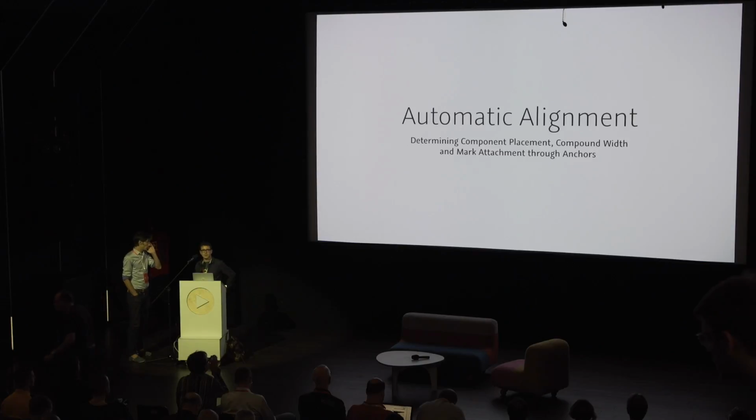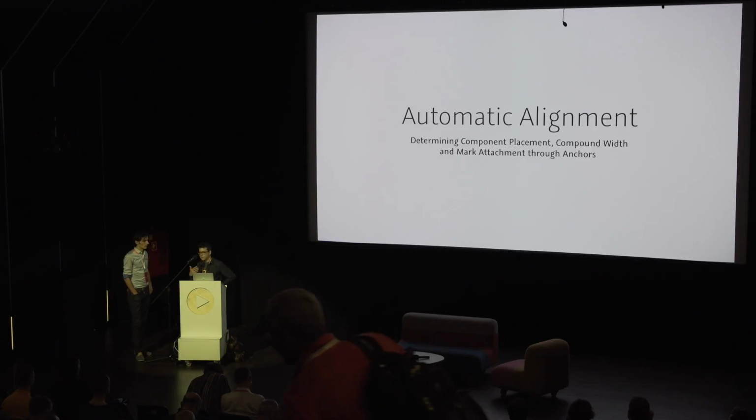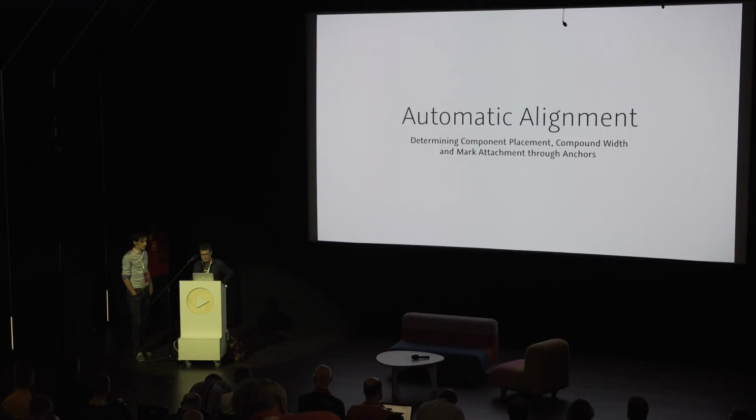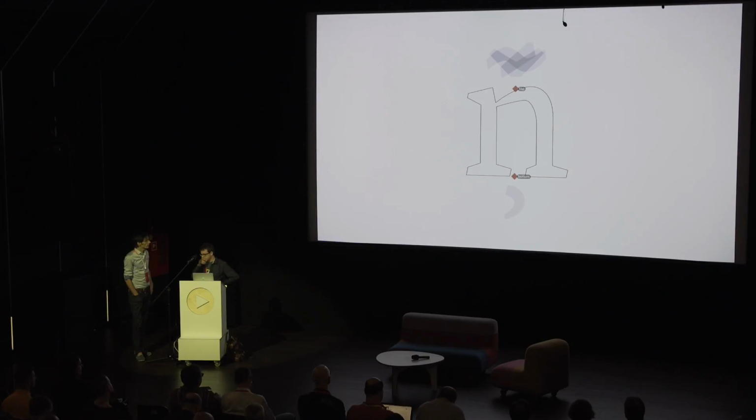For one thing, we use something called automatic alignment very heavily in Glyphs. This is a major concept in the design of the software, and we recently extended that with a few interesting new things. Automatic alignment basically is a way to put anchors into base glyphs, pretty much as you do in FontLab 6, and you can automatically have all the derivative compound glyphs align automatically with it.